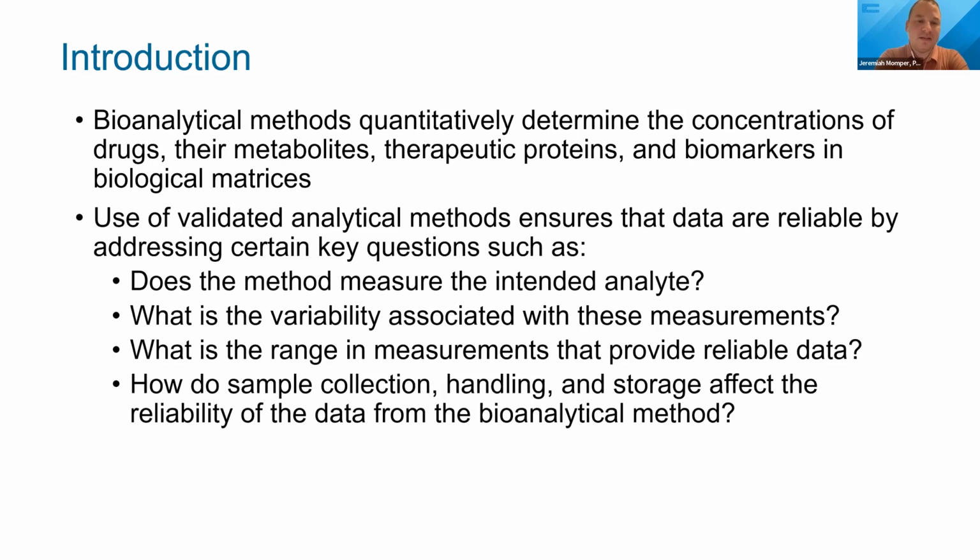For example, does the method measure the intended analyte, or are there other interfering analytes that we need to be aware of? What's the variability associated with those measurements? What's the range in measurements that provide reliable data? For example, the lower limit of quantitation, which is an estimate of how sensitive the assay is, and on the other extreme, the upper limit of quantitation. So what's the range of those, and where can we reliably measure concentrations?